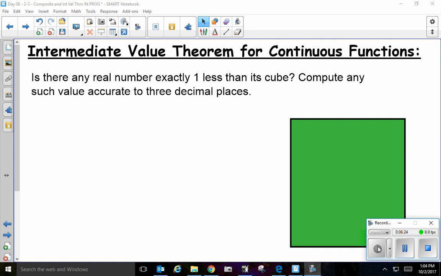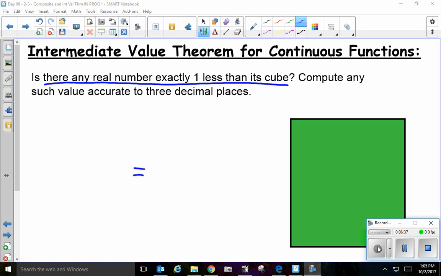Okay, so is there any real number exactly 1 less than its cube? This statement is telling me there's an equation. I'm setting 2 things equal. So I know x is going to equal my real number.